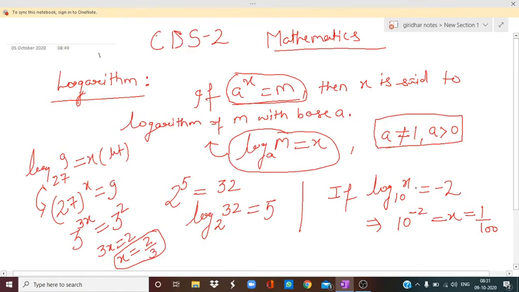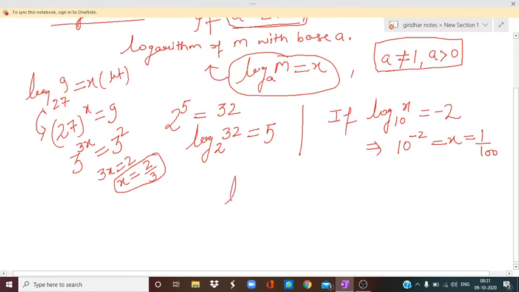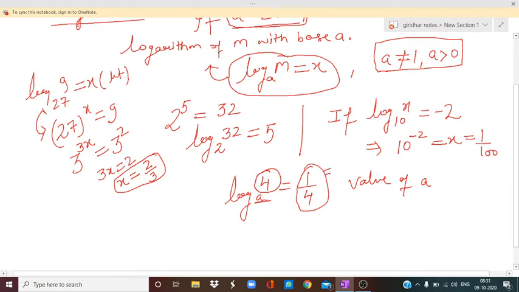So if the definition is clear to you, you can find such values. Let's say we have the question log 4 with base a equals 1 by 4, correct? Now we are looking for the value of a, and again we will use the definition. log m with base a equals x, correct?